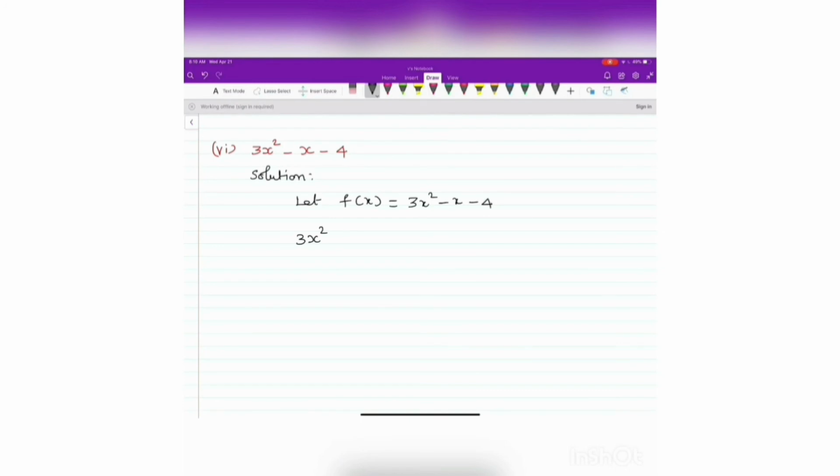So, 3x square minus x minus 4. I can write minus x as minus 4x plus 3x, then minus 4 is there already. So, when I add minus 4x and this 3x, I will be getting the middle term minus x, and when I multiply minus 4x and 3x, I will be getting the product of first and the last terms.